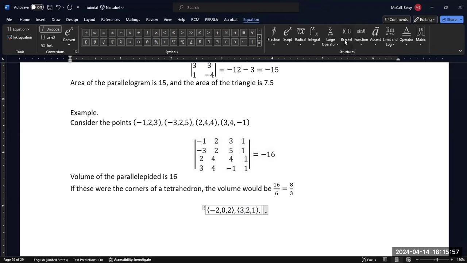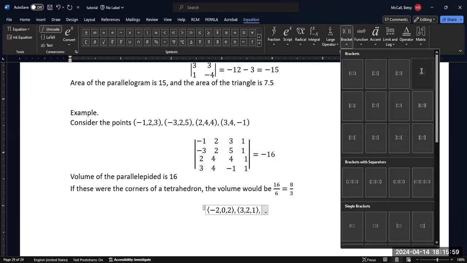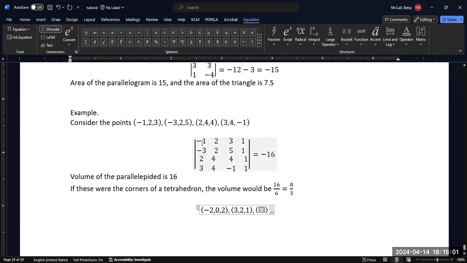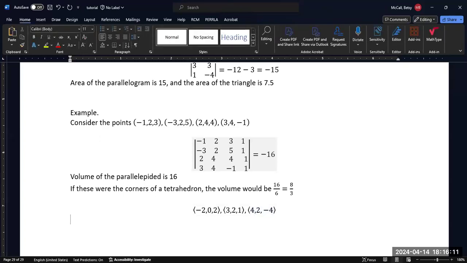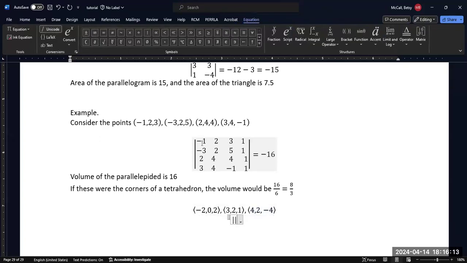And then 3 minus -1 would be 4. 4 minus 2 would be 2. And -1 minus 3 would be -4. And so we'll put that together into our 3 by 3 matrix.